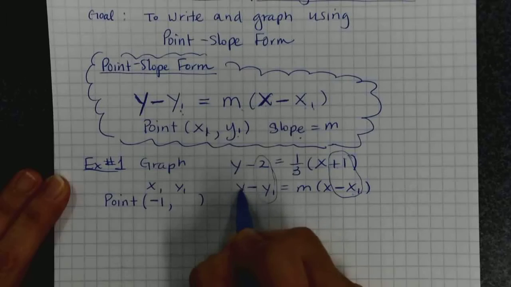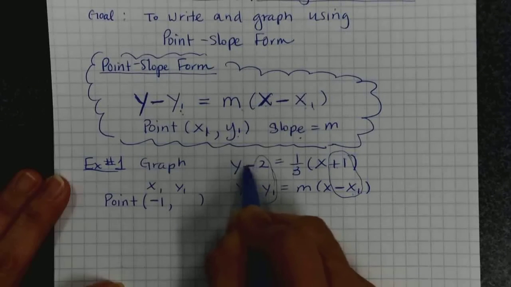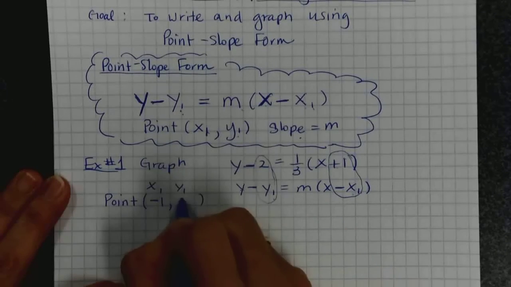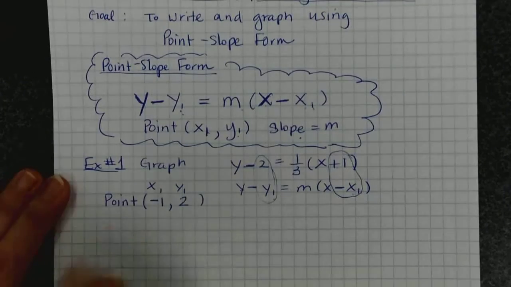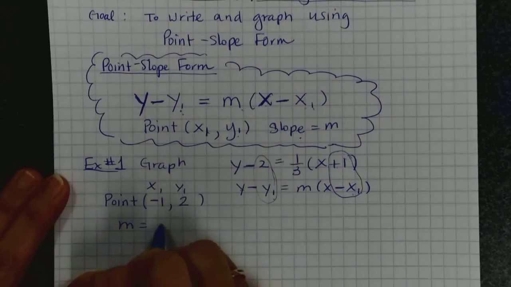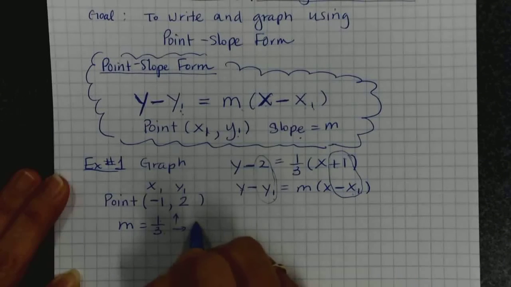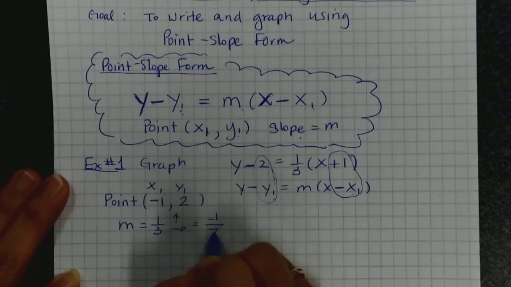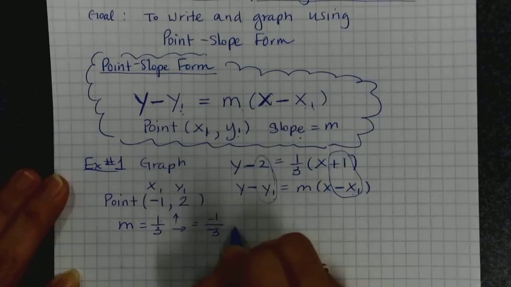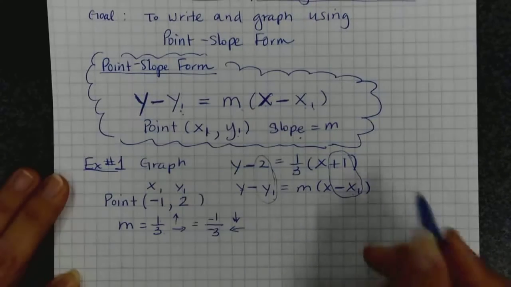And in this case, y minus y1, so it's y minus 2, so y1 is positive 2. And the slope is 1 over 3. So this is my rise over run, so that means I'll go up 1 and right 3. Or it could be the same as negative 1 over negative 3, which is still positive 1/3, but this one tells me to go down 1 and left 3.